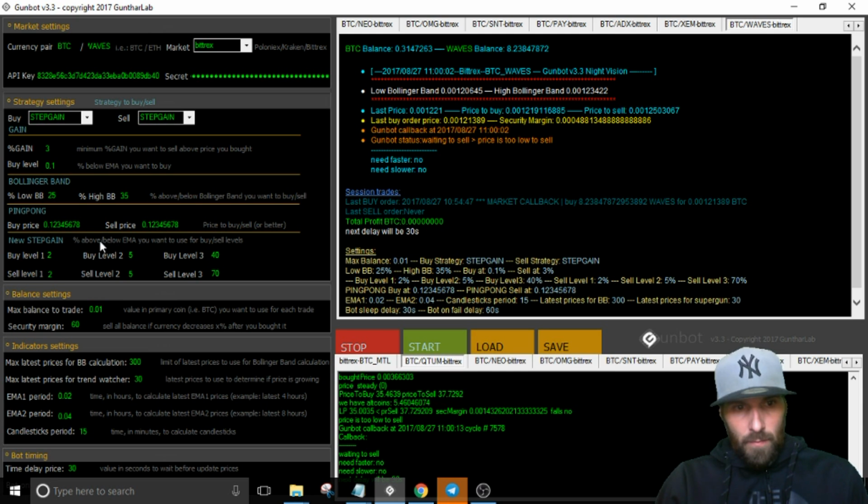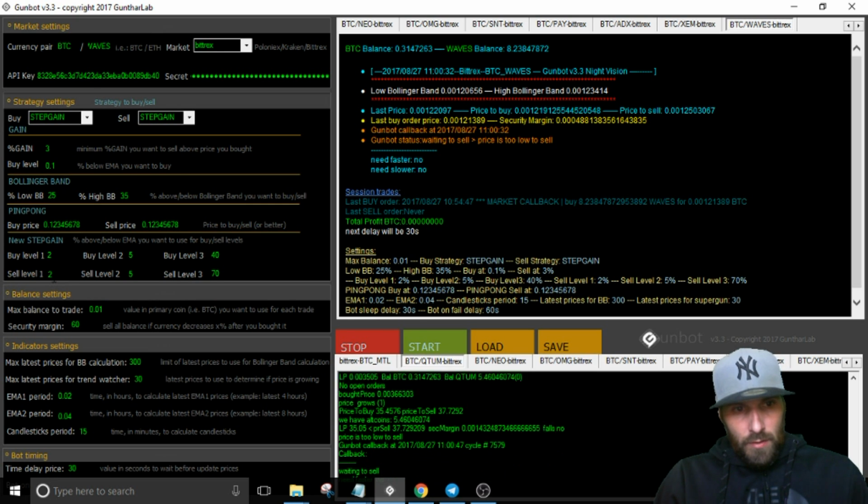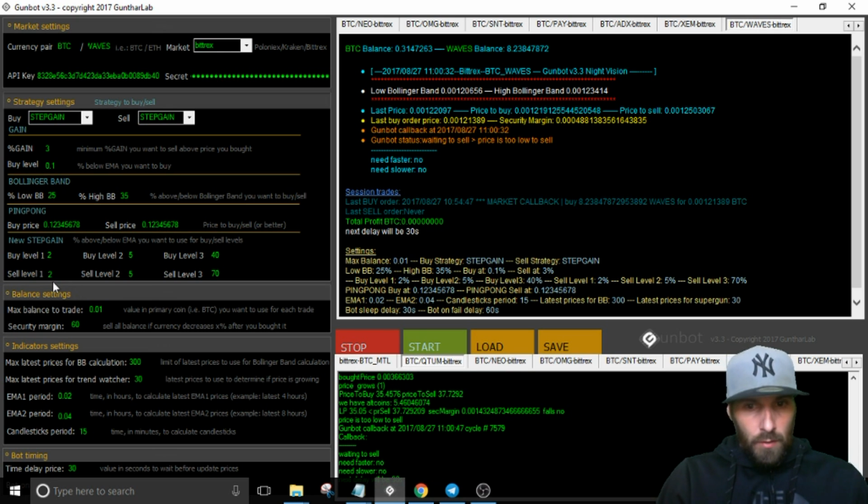If it does not reach 5% but it passed 2%, it will buy in between. Same thing with 5 and 40. If it does not reach 40% but it passes 5, for example, maybe gets to 10, it will try to buy around 10. Sell level is, you got 2%, 5%, 70%. So what it will try to do is sell 2% higher than it bought.